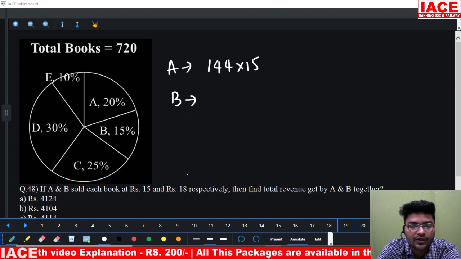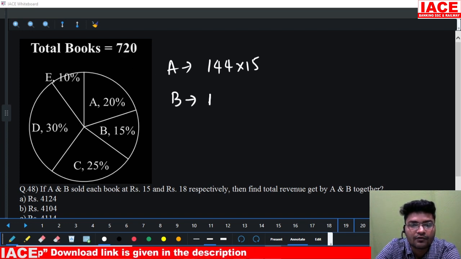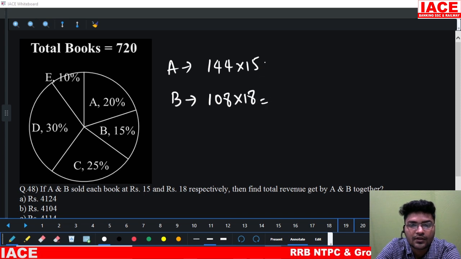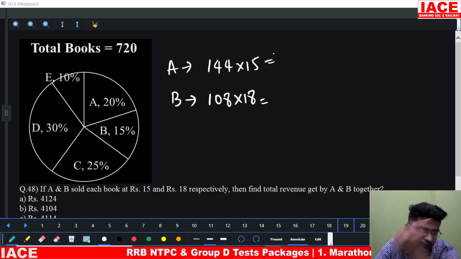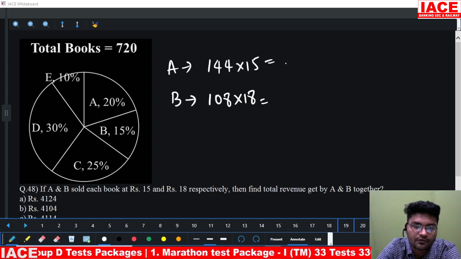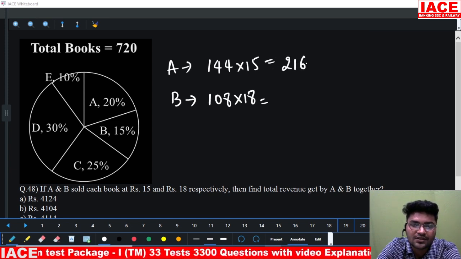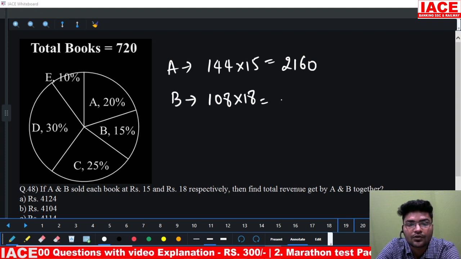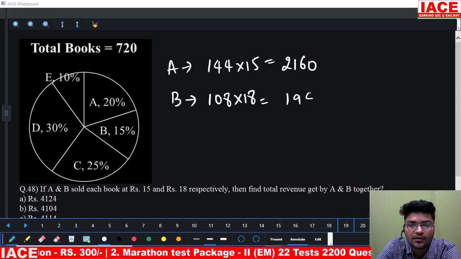B is selling each book for 18. B is selling how many books? 15%. 10% is 72, 5% is 36. So 15% will be 108, into 18. So 144 into 15 is 2160. 108 into 18 is 1944.